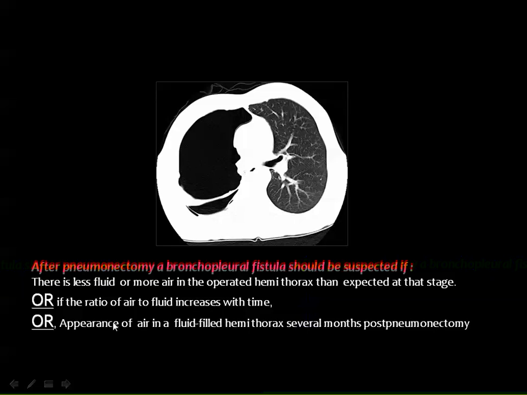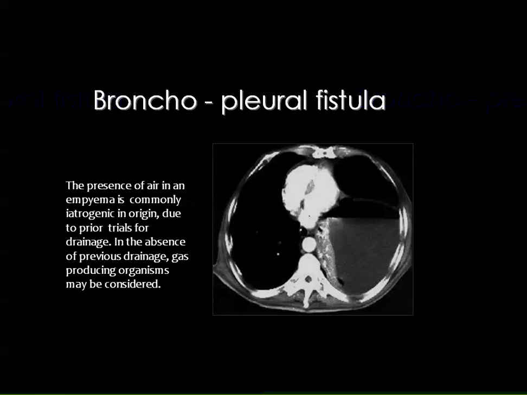Or if the ratio of air to fluid increases with time, this means that there is an air leak through a fistula into the pleural space, or the appearance of air in a fluid-filled hemithorax several months after pneumonectomy. This means that the fistula has developed.